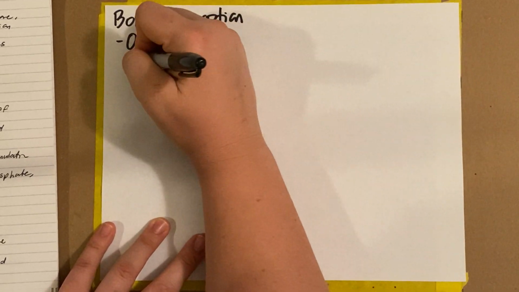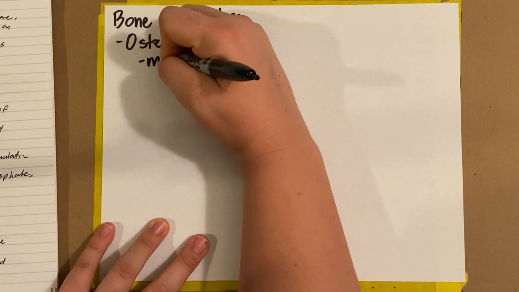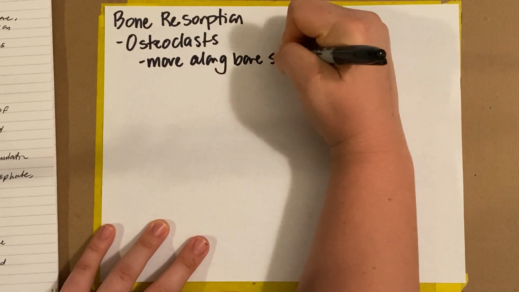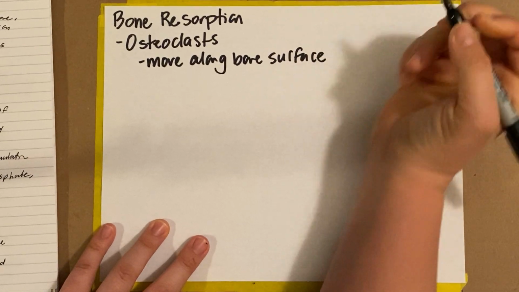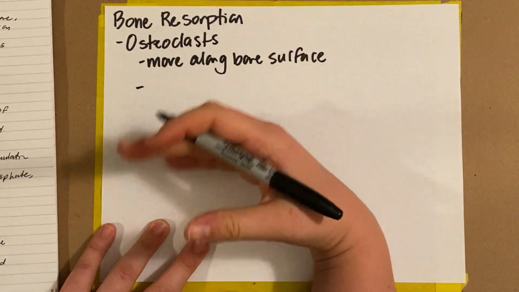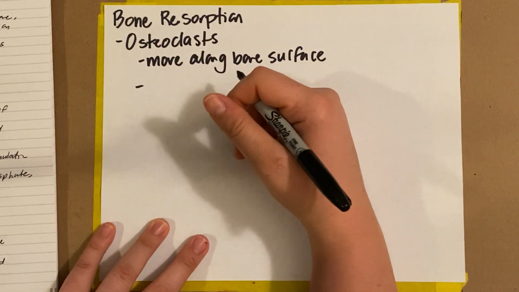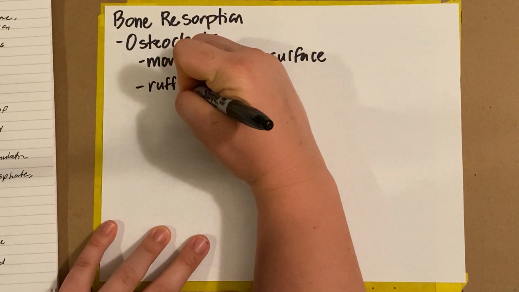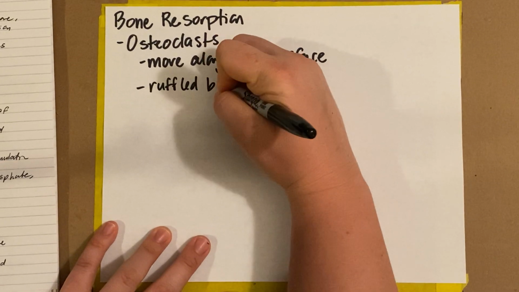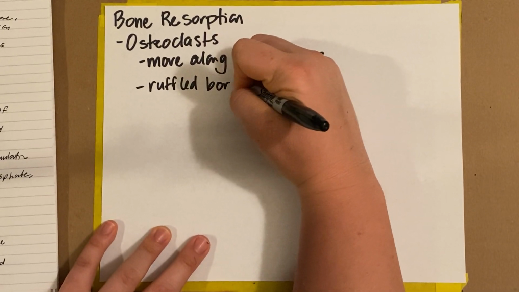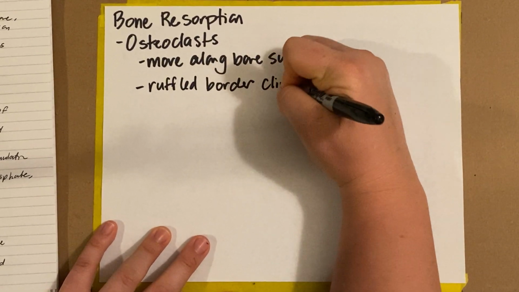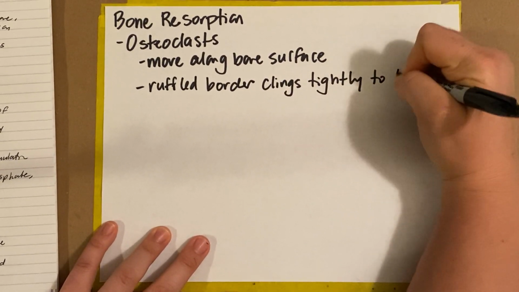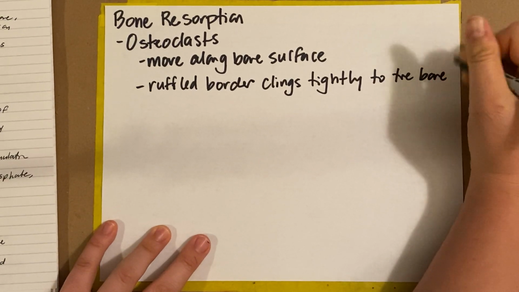The osteoclasts are going to move along the bone surface. When they are at an area that needs to be broken down, their ruffled border, which is really important, clings tightly to the bone.